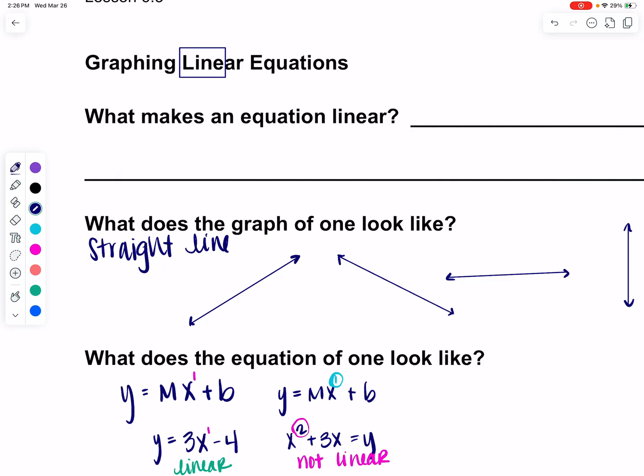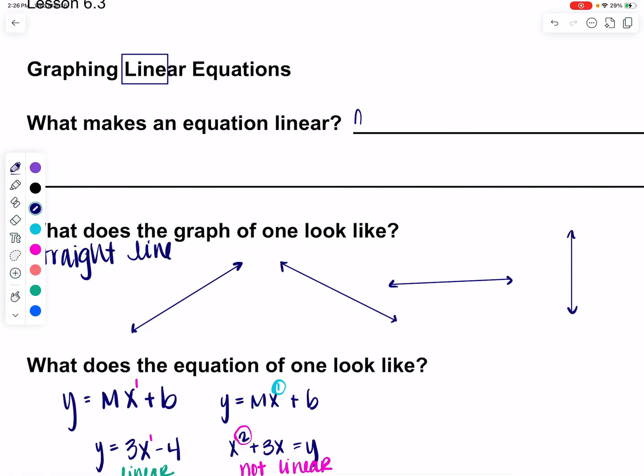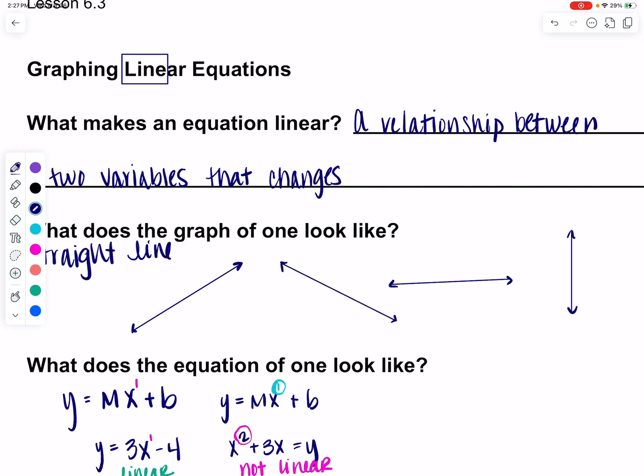So this is a relationship between two variables that changes at a constant rate.